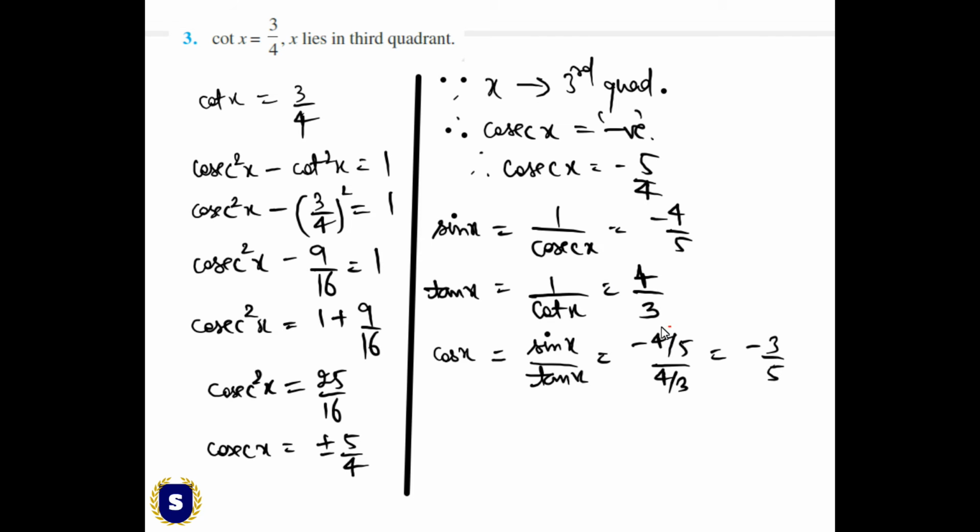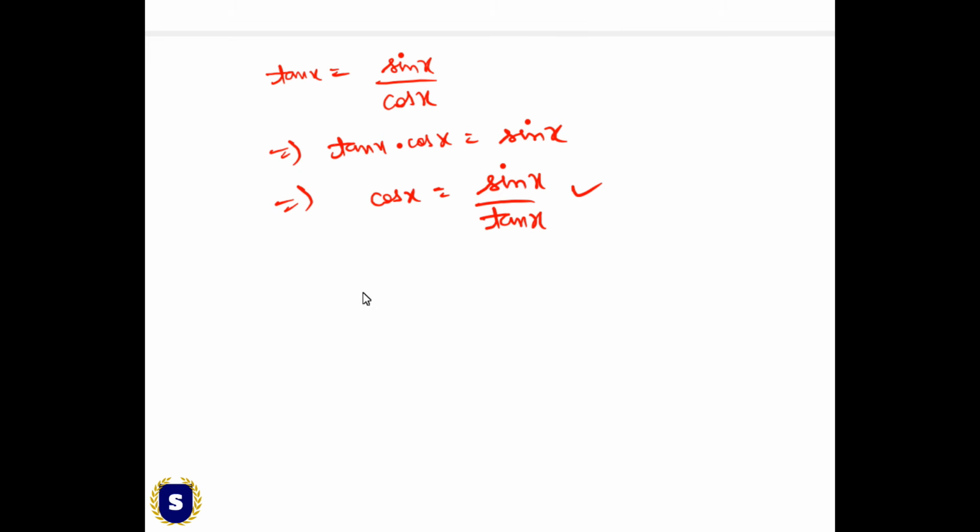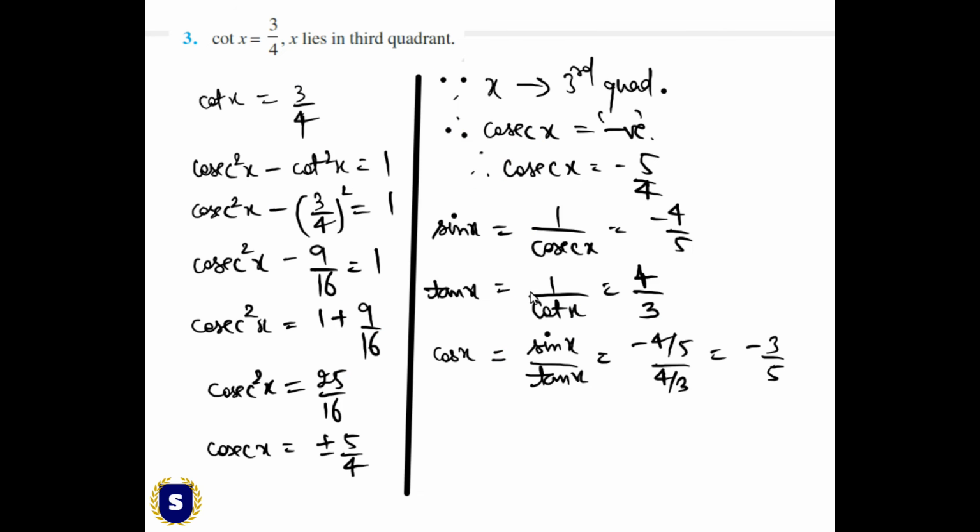And the other thing, how we solved this value and got this one, let me solve this for you. I had the value minus 4 by 5 and 4 by 3. So I kept the numerator as it is, and when I converted this division sign into multiply sign, I have to reciprocal the denominator, that is 3 by 4, and cancelling 4 with each other, I got minus 3 by 5.